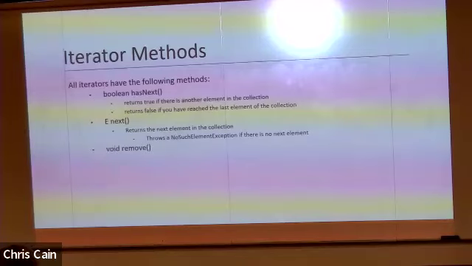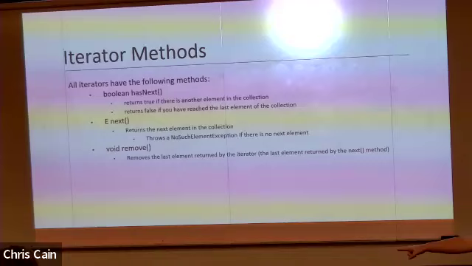We want to remove. The trick to remove is that remove attaches itself to a node that says right now, if we wanted to remove, this is the node that we would go remove. Once we remove, we're going to detach that pointer. And now we have to call next before we try to remove again. The reason for this is if we try to remove and then remove, we don't necessarily have that at the place where we want it to be.